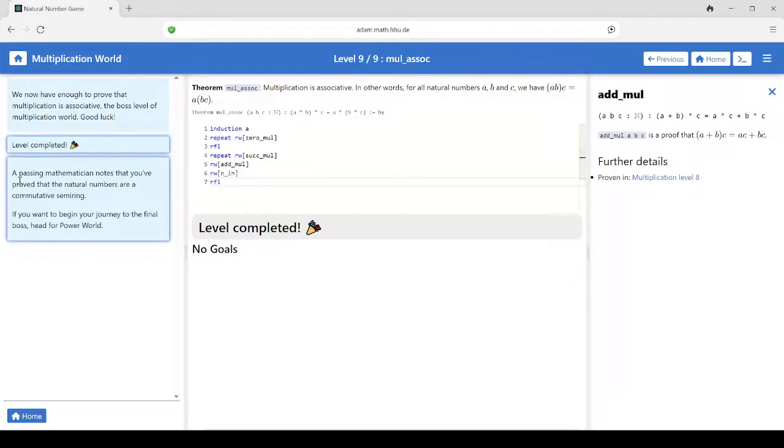We get a message. A passing mathematician notes that you've proved the natural numbers are commutative. Semmering? Yeah, I don't know what that word means. Give me a second.